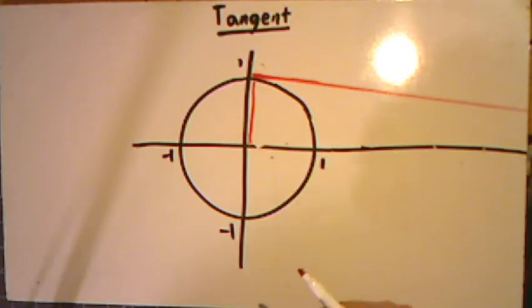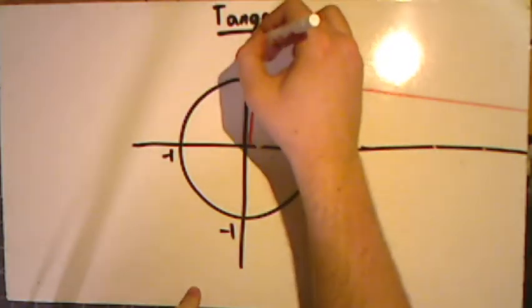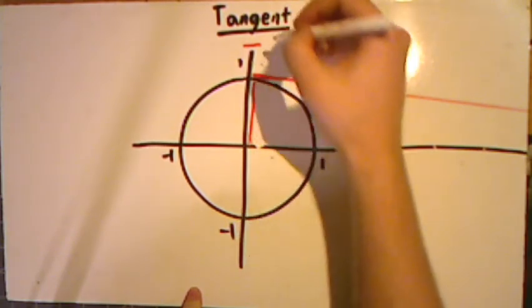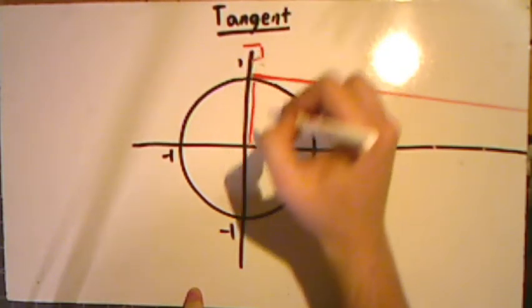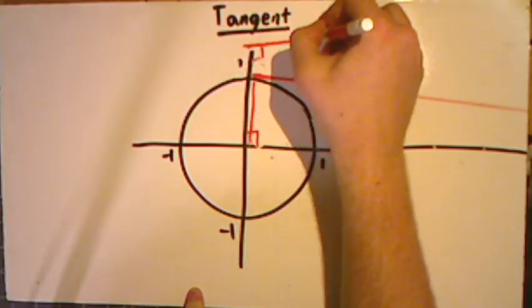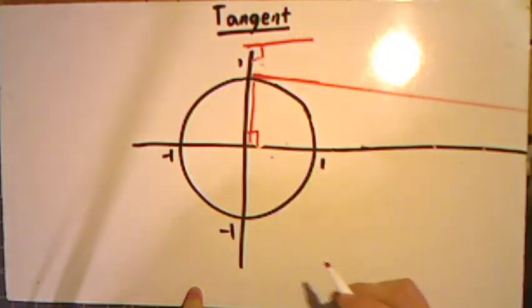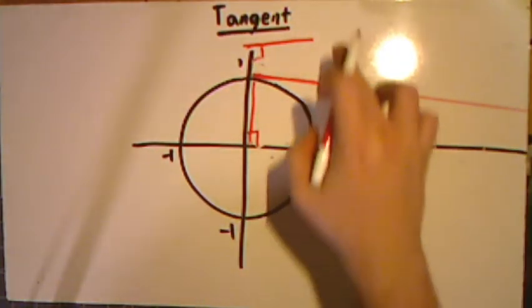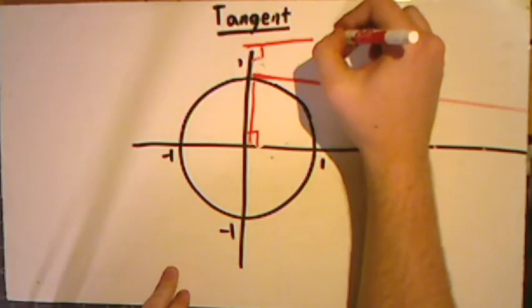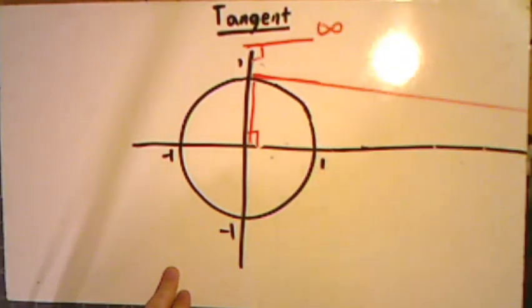That's why the closer you get to 90 degrees, the larger it gets. And when we get a perpendicular line to a right angle, we have two right angles set between the x-axis and that line, and so they become parallel. A parallel line will never touch that x-axis, so we cannot measure the value, and it technically becomes infinite.